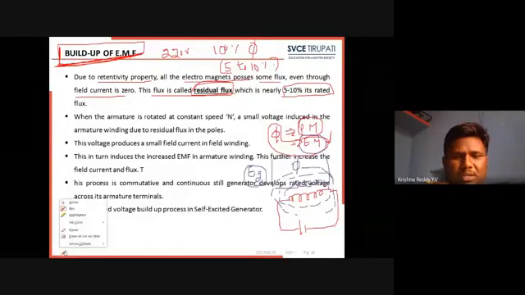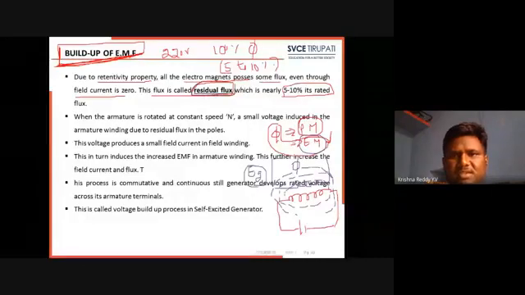In case of self-excited generators, the armature winding itself supplies the field current required to the field winding.